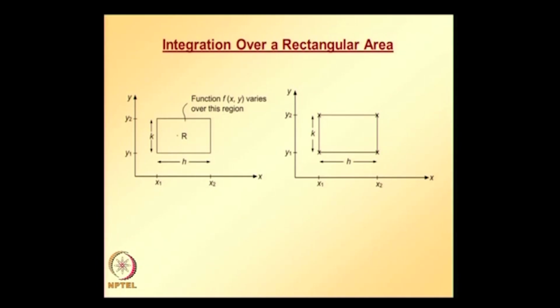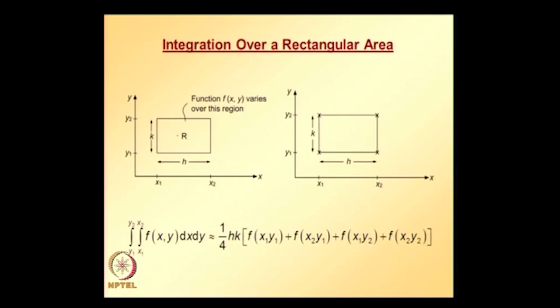So we need to apply the trapezium rule in both directions, and this double integral f(x,y) dx dy between the limits x1, x2 and y1, y2 is approximated as 1/4 hk. h is nothing but the distance between the points along the x direction, k is nothing but the distance between the points along the y direction, and the function is evaluated at 4 points, that is, the function evaluated at (x1,y1), (x2,y2), (x1,y2), (x2,y1).